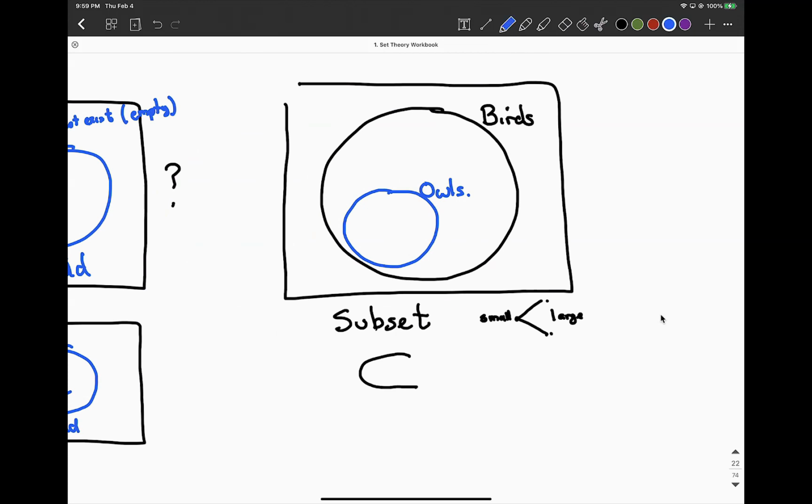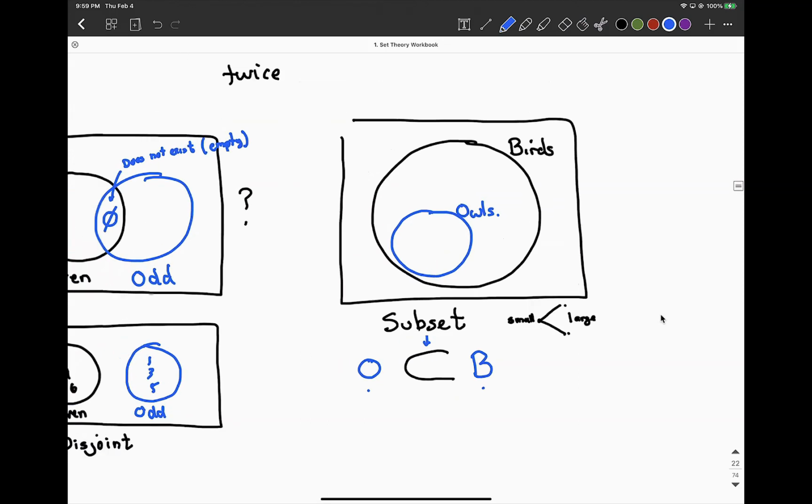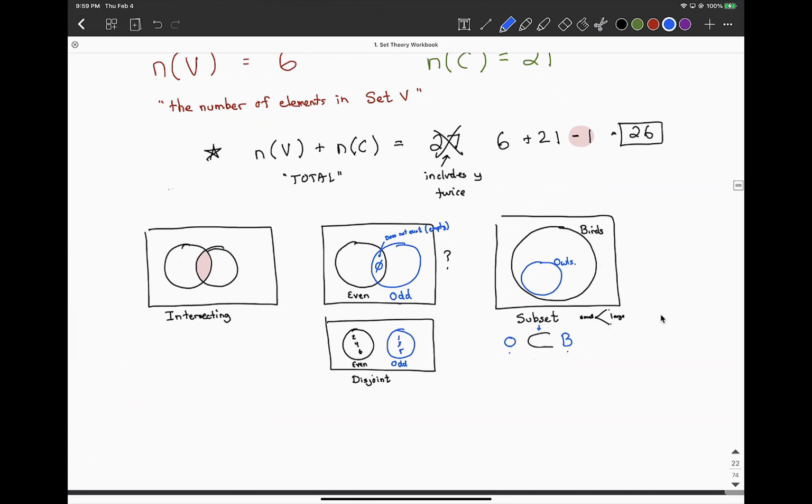And I would have to say that the owls, I'll just call that set O, is a subset, that's our subset symbol, of the birds, where I've got my smaller owl set, my bigger bird set, and it's owls as a subset of birds. And we want to be able to make those statements about subsets.